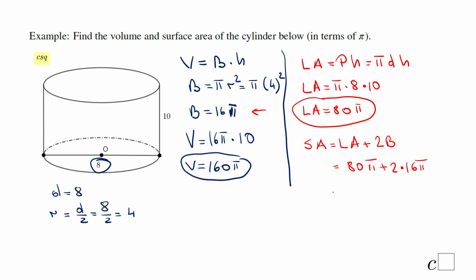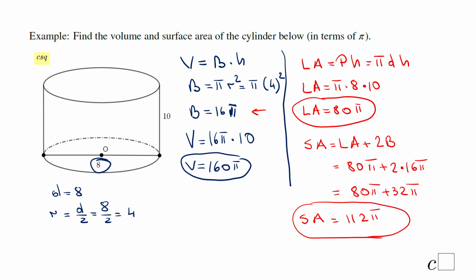So that will be 80 pi plus 32 pi, and that will be 112 pi. This is the surface area of this cylinder. Again, square units in case you need that.